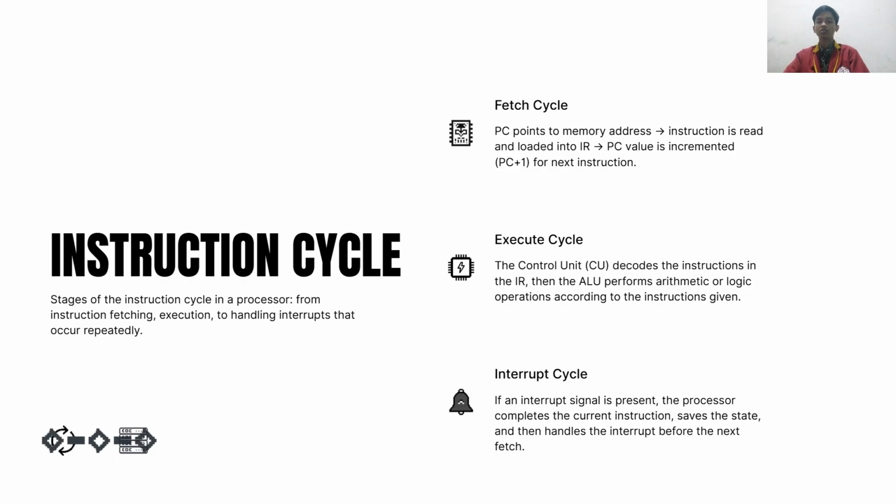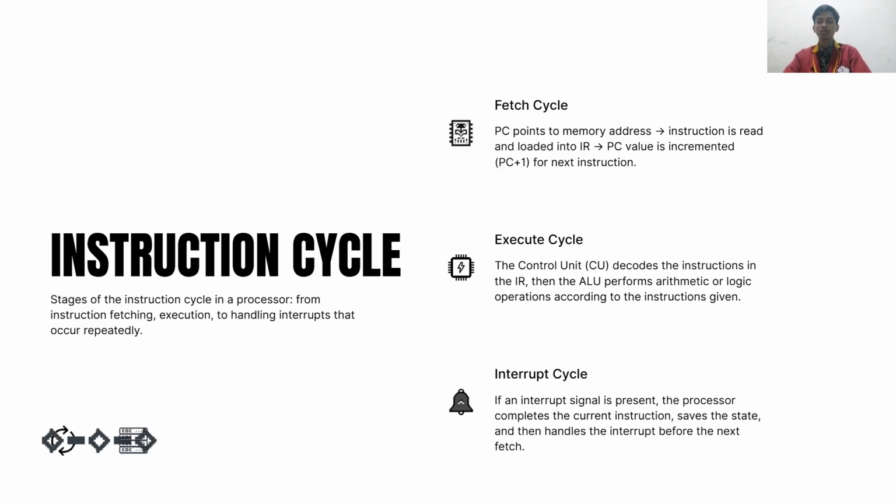If an interrupt request arrives from an I/O device, an interrupt cycle occurs after execution to handle the interrupt before continuing to the next phase. So the complete cycle is fetch, execute, and interrupt if needed.